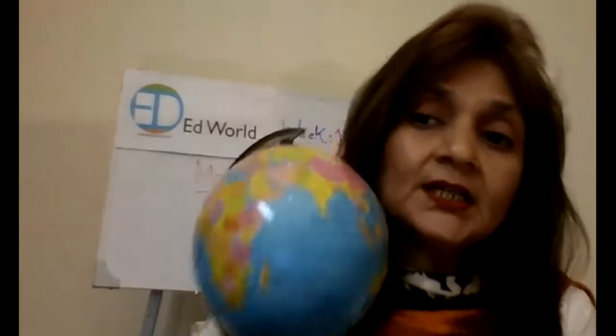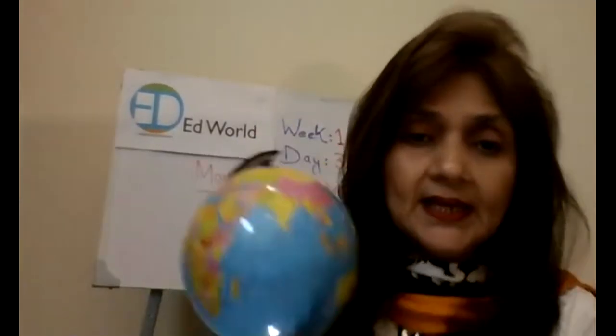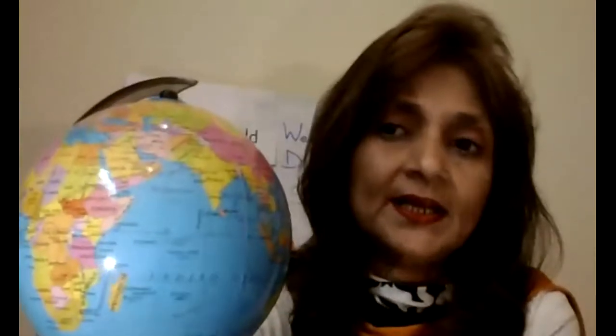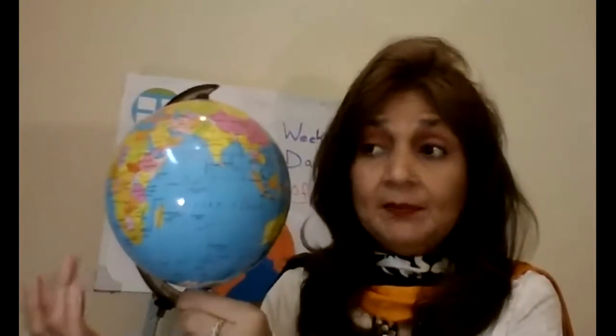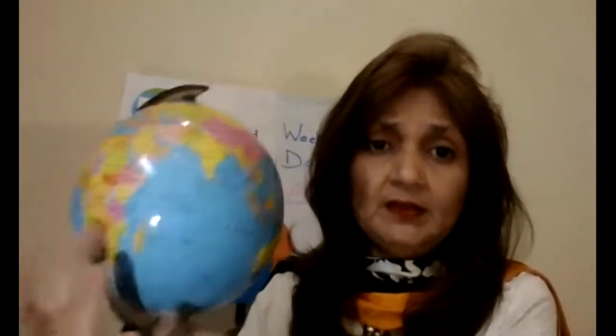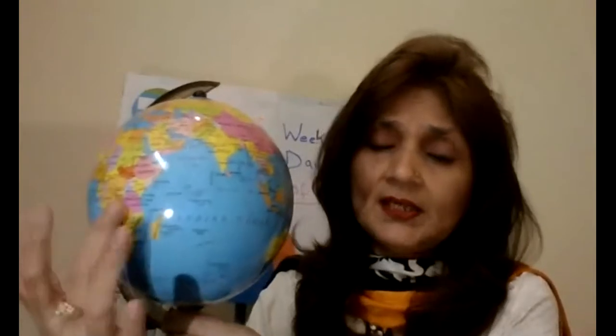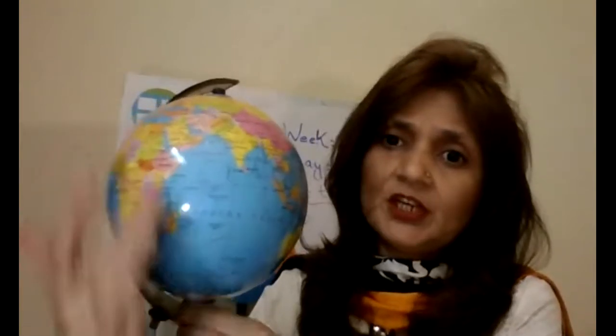Now what happens, children? The earth keeps on moving, right? Like I have already explained to you. Now see, suppose this is the light of the sun. Just think that this is the sunlight. Now what time of the day would it be here, on the countries which are facing this side?